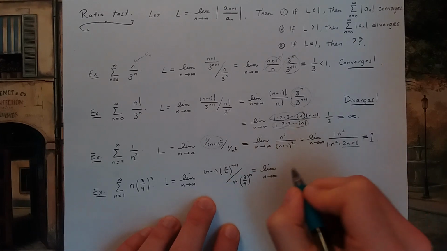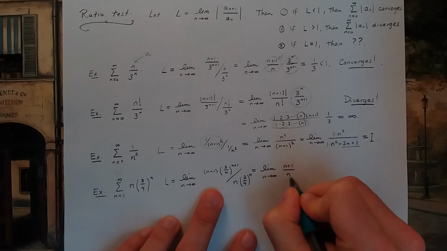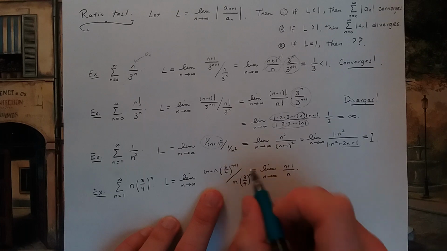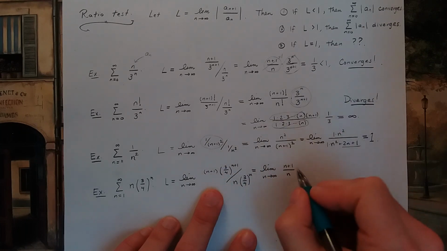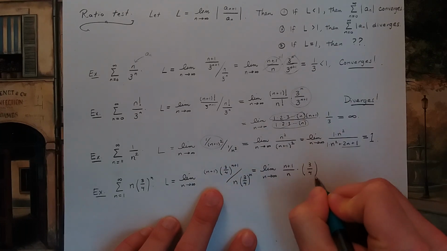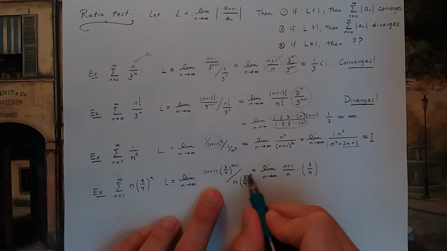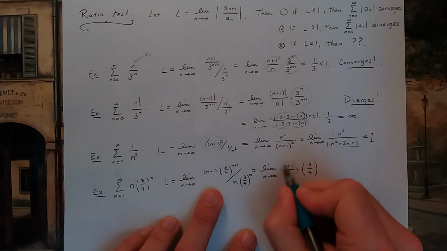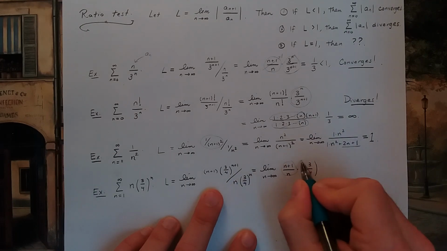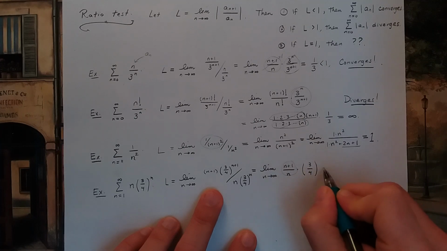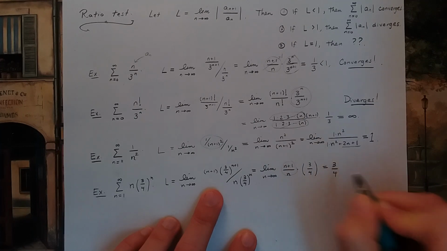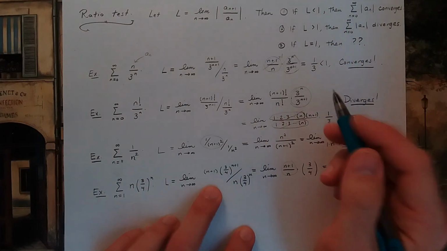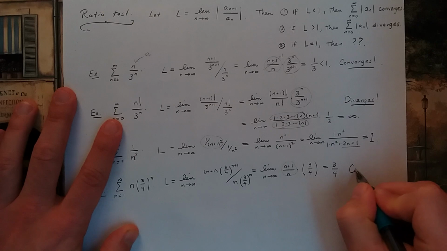Simplifying a little bit, I get n plus 1 over n times, when you simplify the 3/4 to the n plus 1 over 3/4 to the n, you just end up with 3/4. All the powers cancel except for one power in the top. This limit, n plus 1 over n, is 1. So the actual limit is 3/4. 3/4 is less than 1, so I'm in the first case. So the series converges.